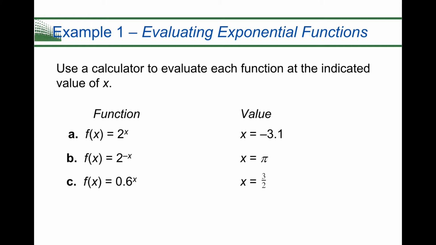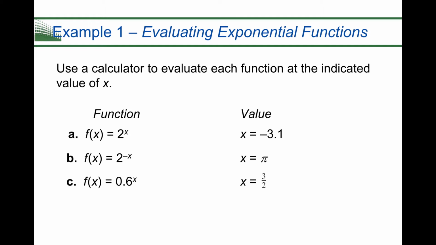Now for this chapter, you do need to make sure that you're using a scientific calculator, not a simple calculator. So let's first become familiar with it and make sure we know how to evaluate functions just by plugging in values. So say we have this function f of x equals 2 to the x, and we have the x value of negative 3.1. In your calculator, you need to figure out which button it's going to be.